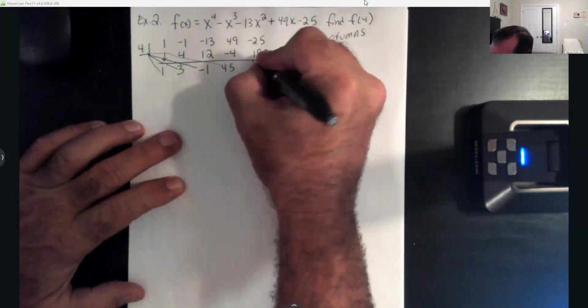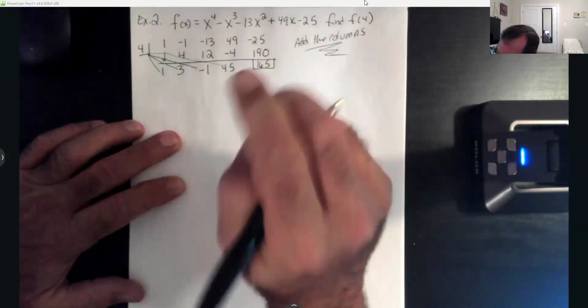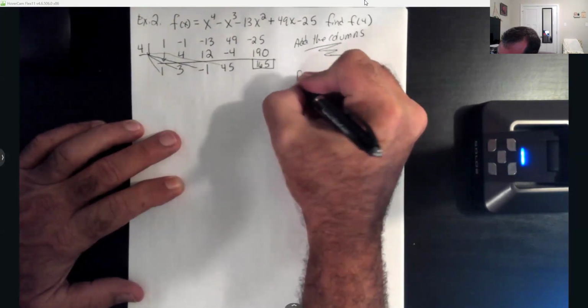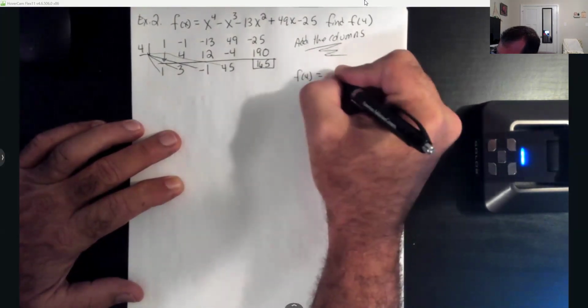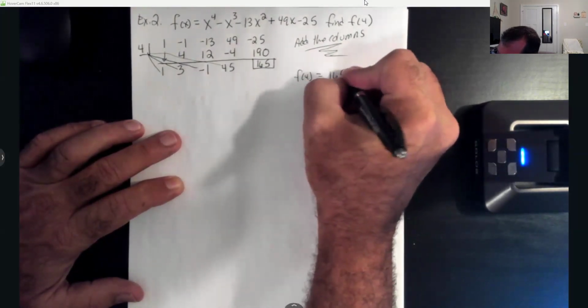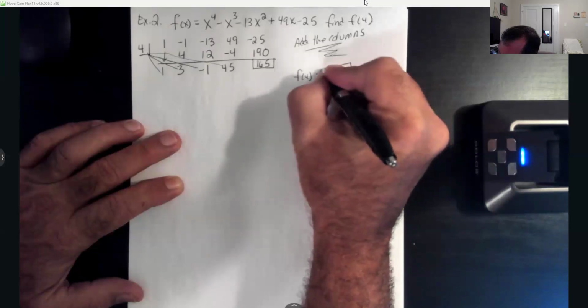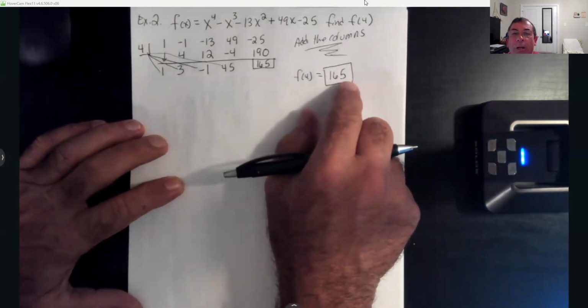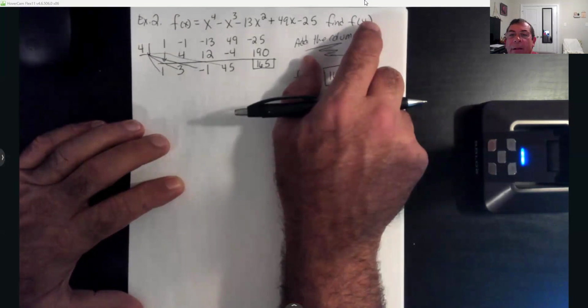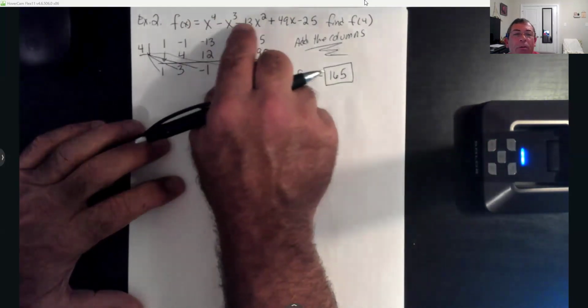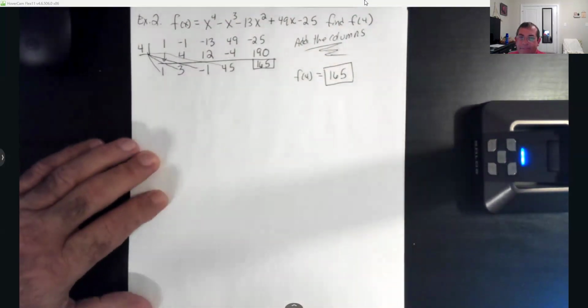There you go. So y'all, that means f of 4 equals 165. The same answer you would have got had you physically put that 4 in for all these x's.